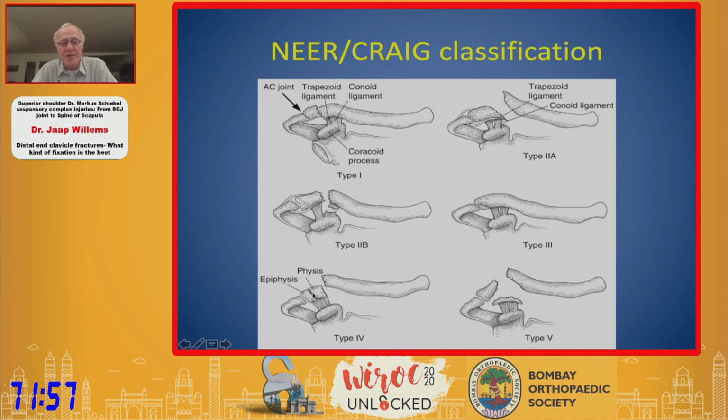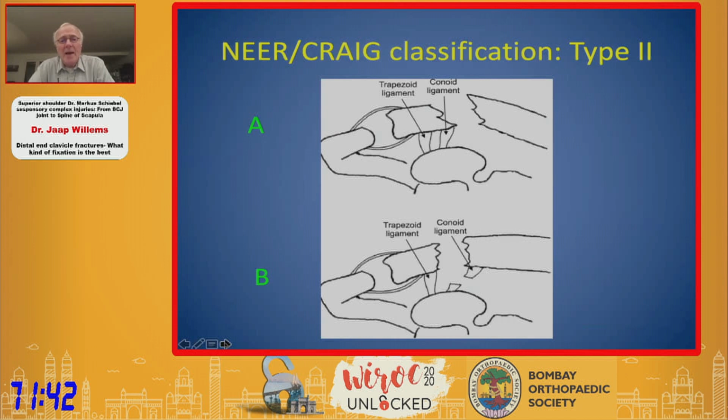The epiphysis is more lateral, and when it is epiphyseal, it is the type 4, and the type 5 is where a fragment is still attached to the ligaments, and the 2 other fragments are displaced. In the Neer-Craig, these are quite frequent, the type 2A and the type 2B, as I described.